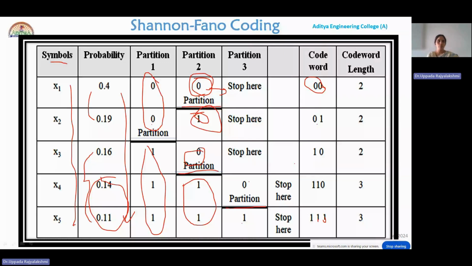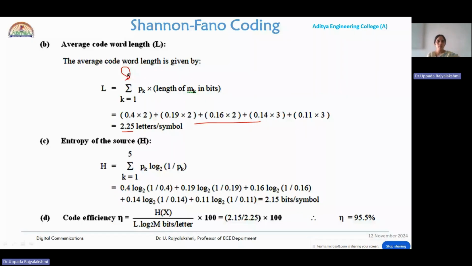Next step is to calculate the entropy. H is equal to summation k equals 1 to 5 probability into log 1 by probability base 2. This is the expression for entropy, so let us substitute the values for every symbol. For the first symbol, the probability is 0.4. For the second symbol, the probability is 0.19.